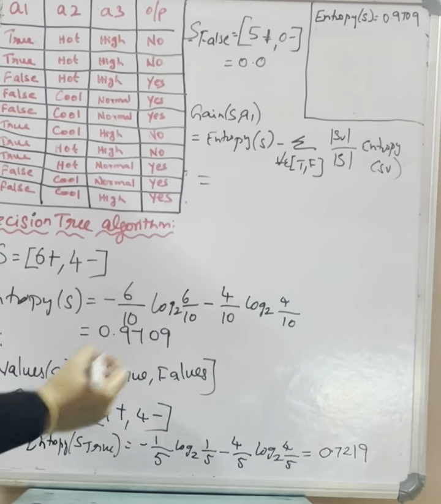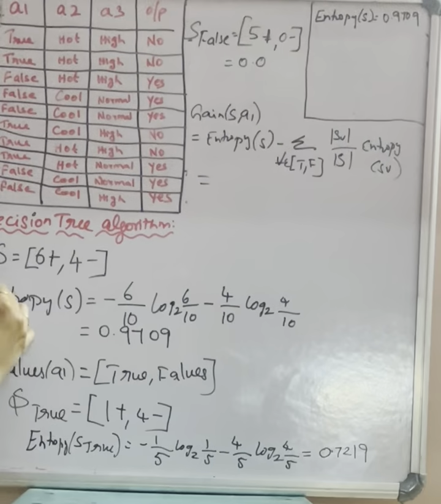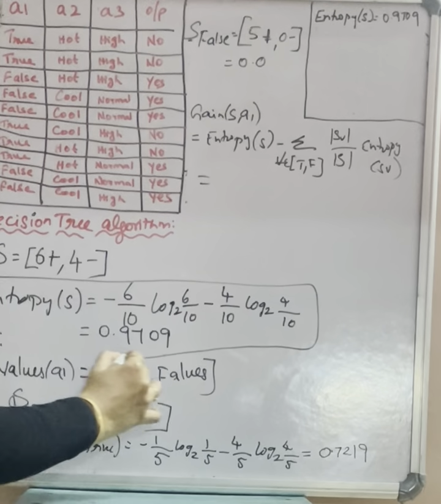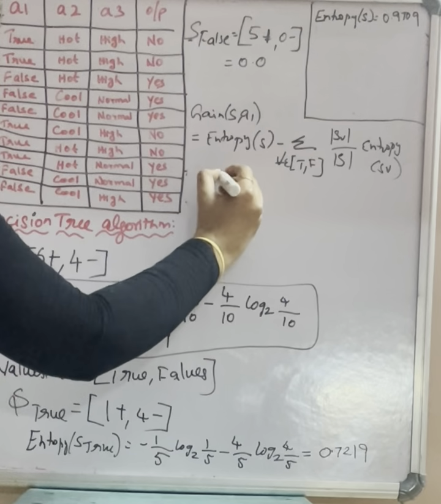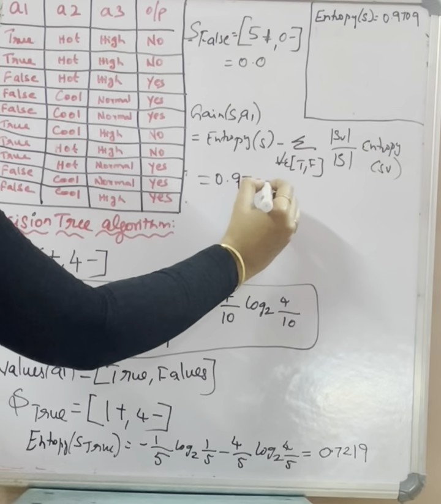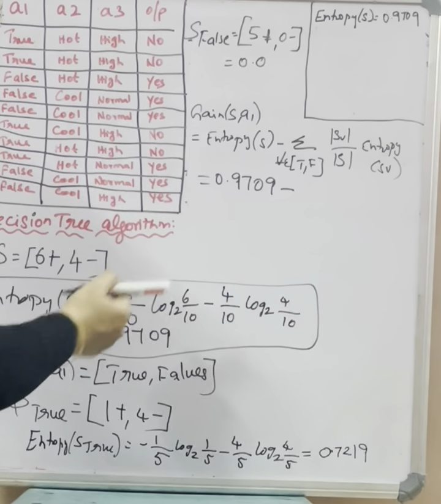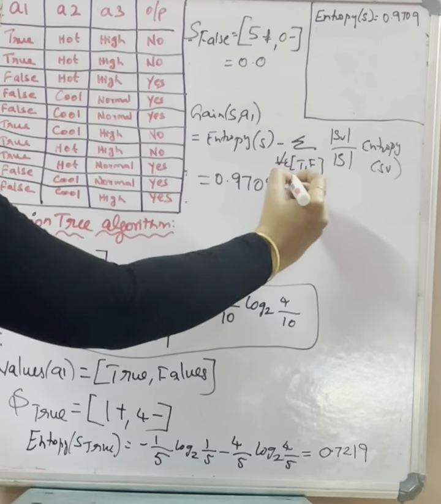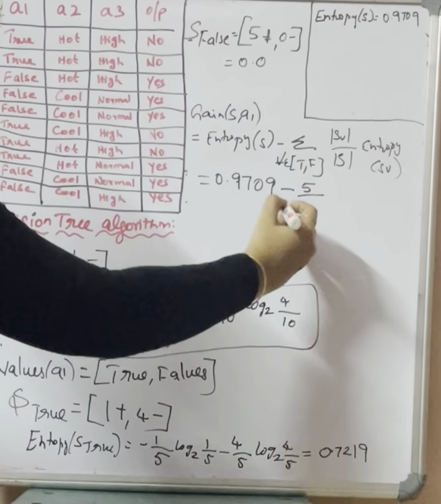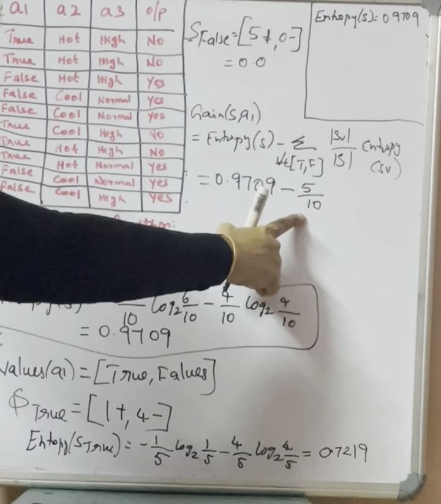So what is the entropy of S we have here? We have identified the entropy of S as 0.9709. So 0.9709 minus, and what are the other values we have here? 5 divided by 10. We have 10 samples totally.